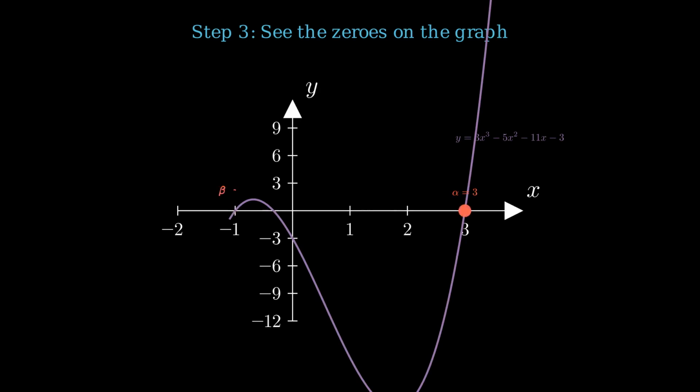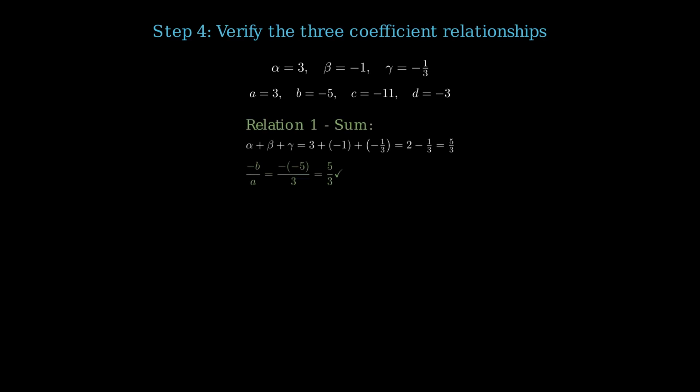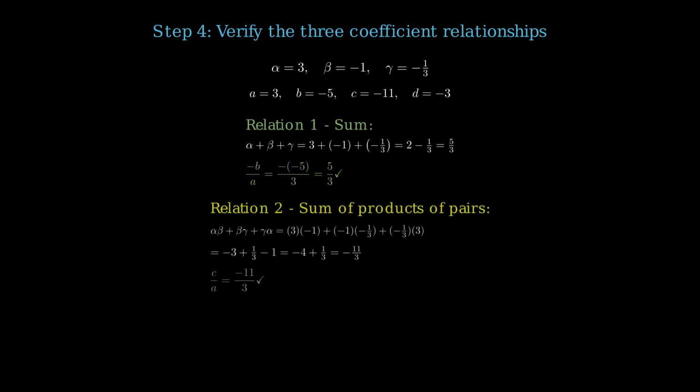Relation 1, the sum, alpha plus beta plus gamma equals 3 plus -1 plus -1/3 equals 5/3, and b over a equals 5/3. Sum verified. Relation 2, sum of pair products, alpha beta plus beta gamma plus gamma alpha equals -11/3, and c over a equals -11/3.